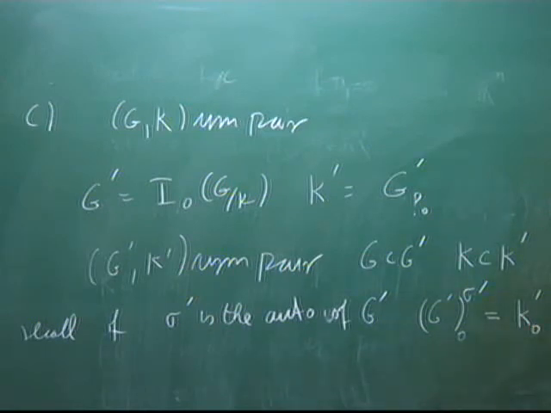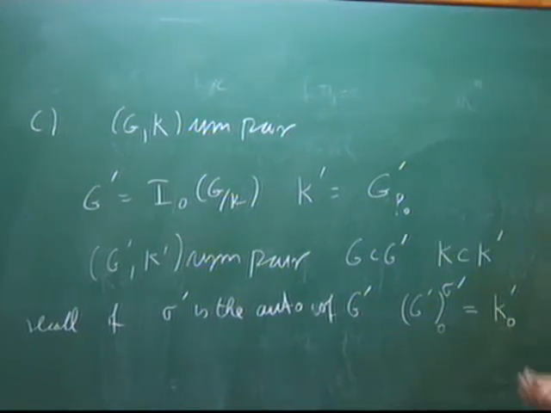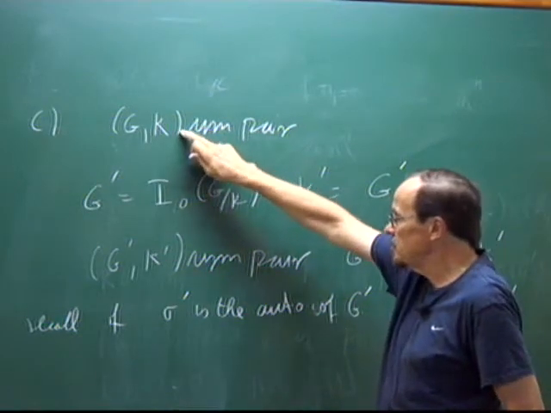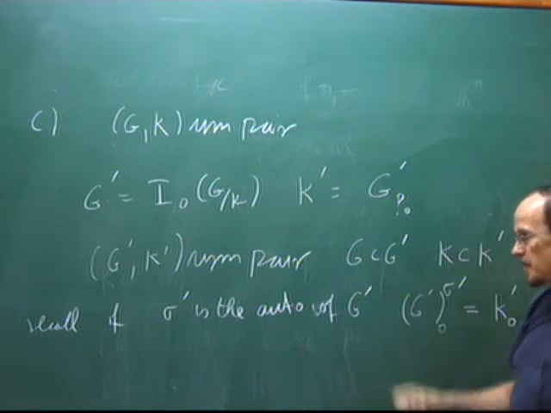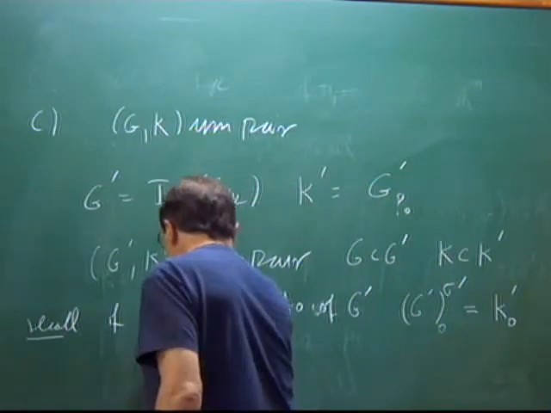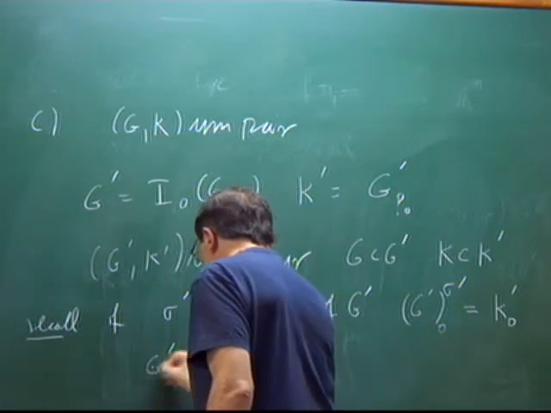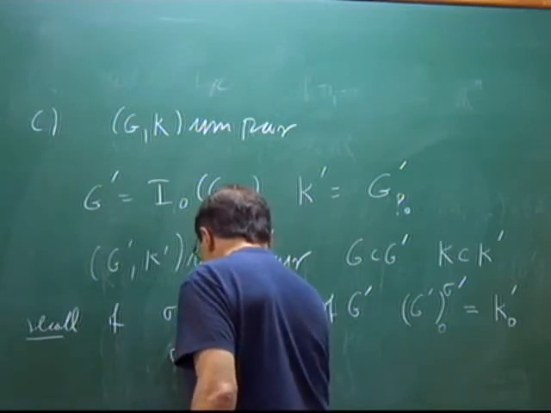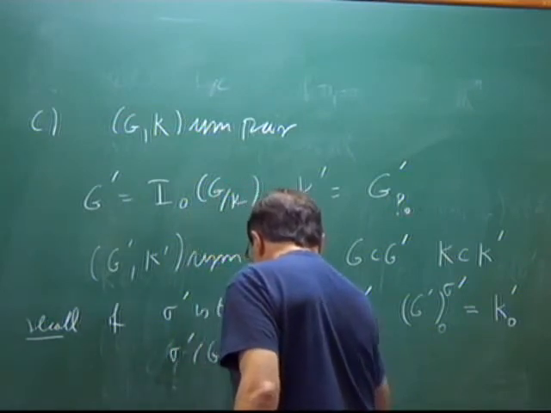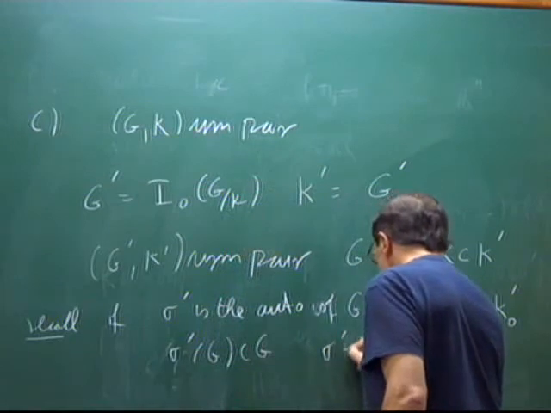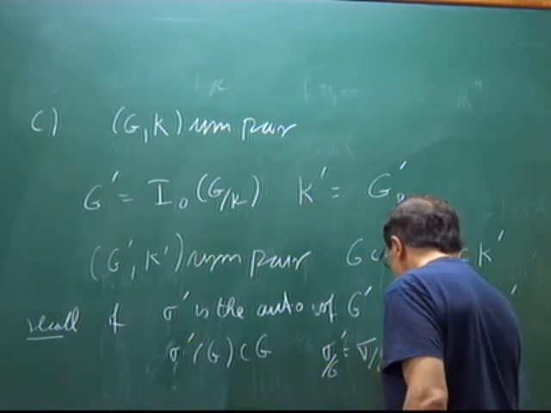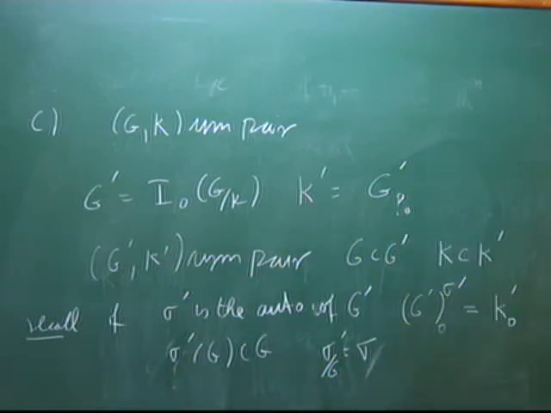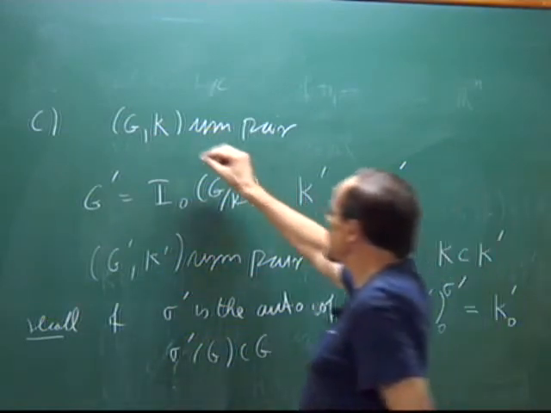So there's an involutive automorphism for the pair (G, K) itself by definition, and another one for the pair where I take the full isometry group. And then what I want to recall is that we showed sigma prime takes G to G, so sigma prime restricted to G is sigma. Well, sigma is my involution of the symmetric pair.